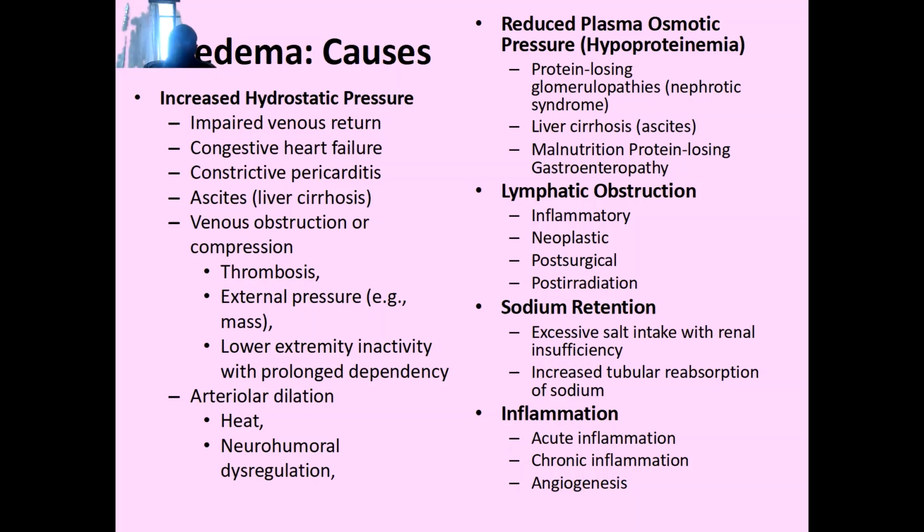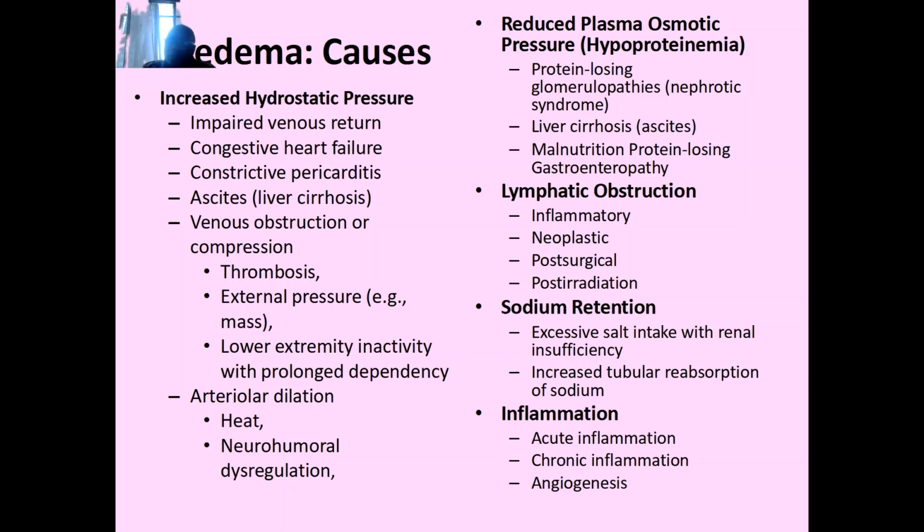For example, in cases where the patient is losing a lot of protein, like in glomerulonephritis, which is a nephrotic syndrome, which causes loss of excessive albumin from the body. The other one is liver cirrhosis, for example ascites. The other one is malnutrition, like for example kwashiorkor, or protein-losing gastroenteropathies, conditions where the patient is losing a lot of protein in the stomach.